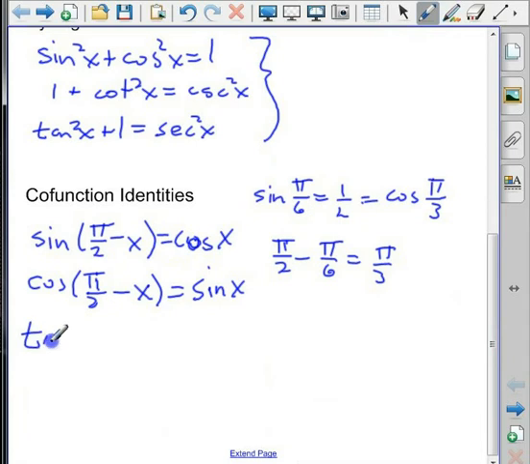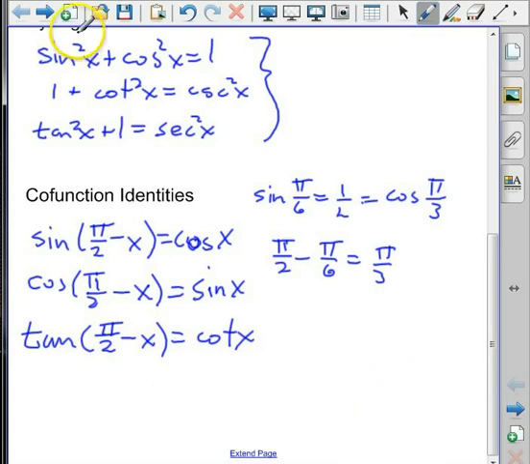And the tangent of pi over 2 minus x is equal to the cotangent of x. We also have cofunction identities for secant and cosecant, and let's see. Yeah, that's pretty much it.